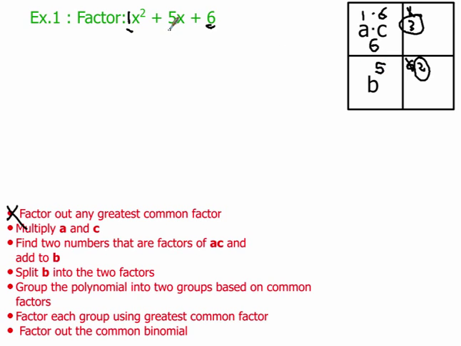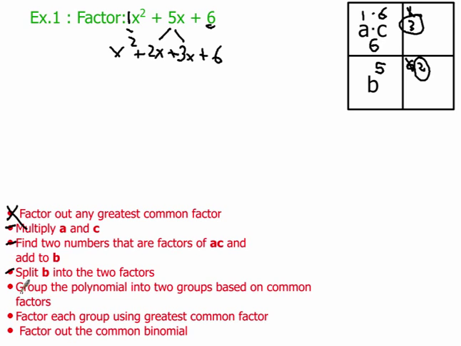So now I'm going to take my b term and split it. 5x becomes 2x plus 3x. All I do is take this term and split it into these two. Now I bring the rest down: x squared and 6.